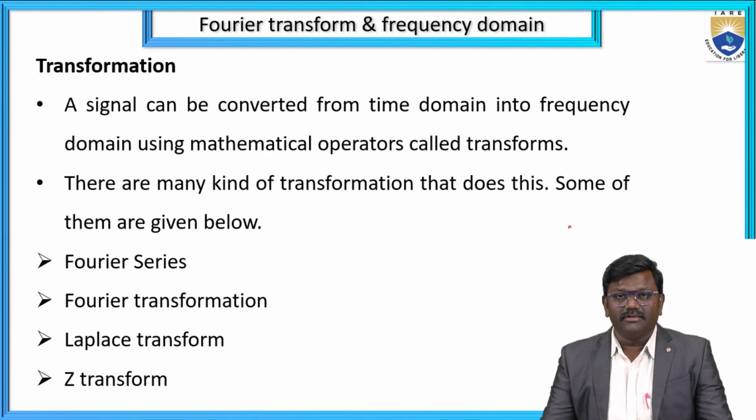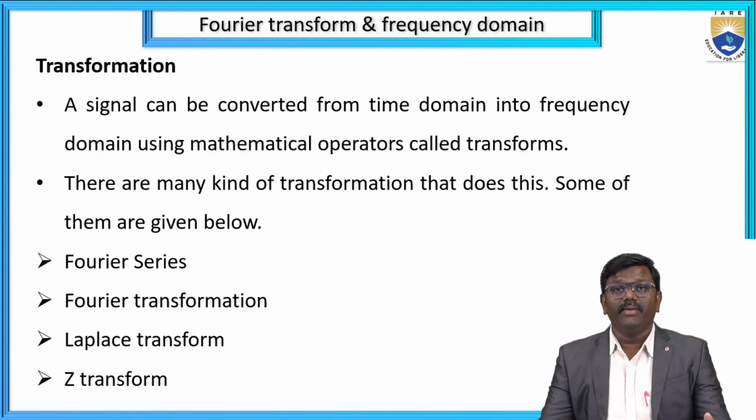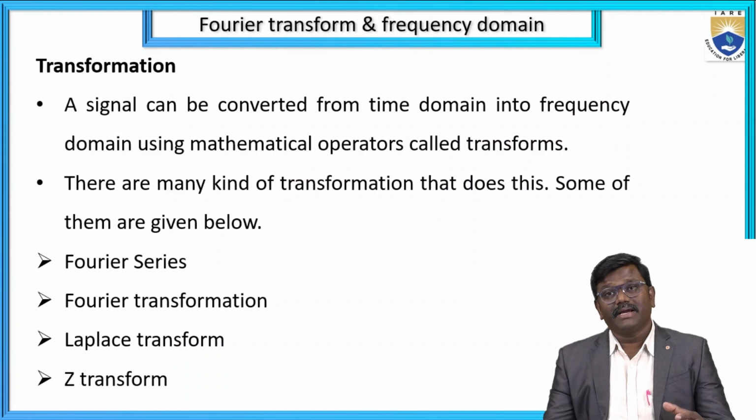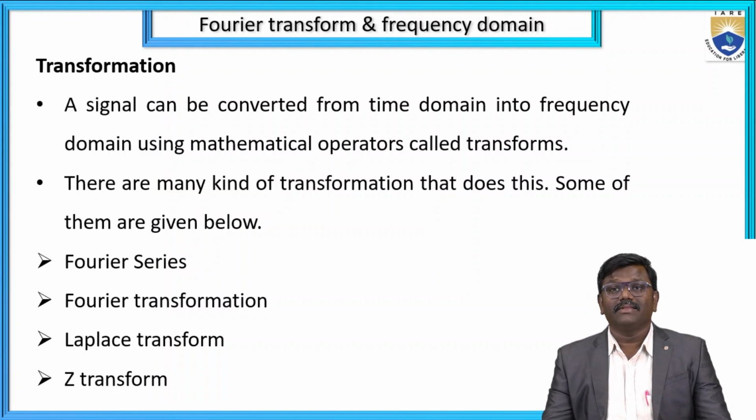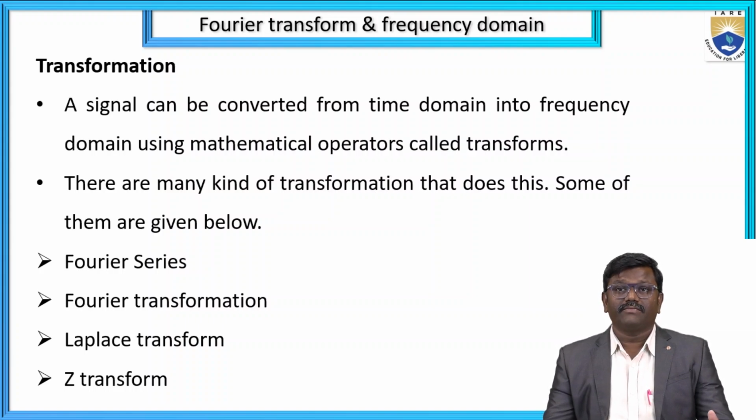Coming to transformation, what do you mean by this? How can you define transformation? A signal can be converted from the time domain into the frequency domain using mathematical operators called transformation. There are many kinds of transformation.